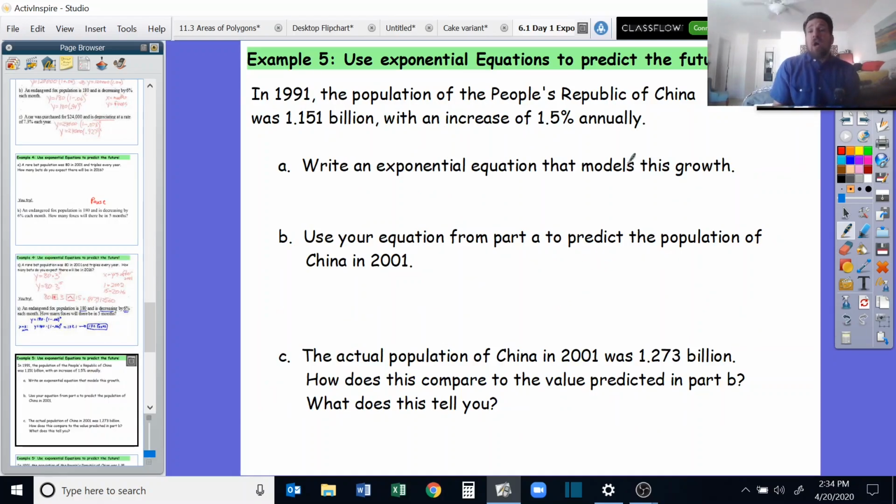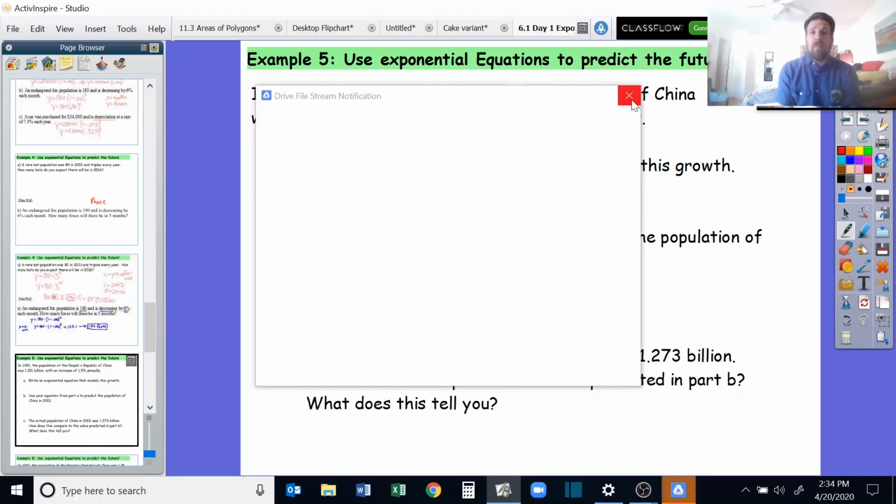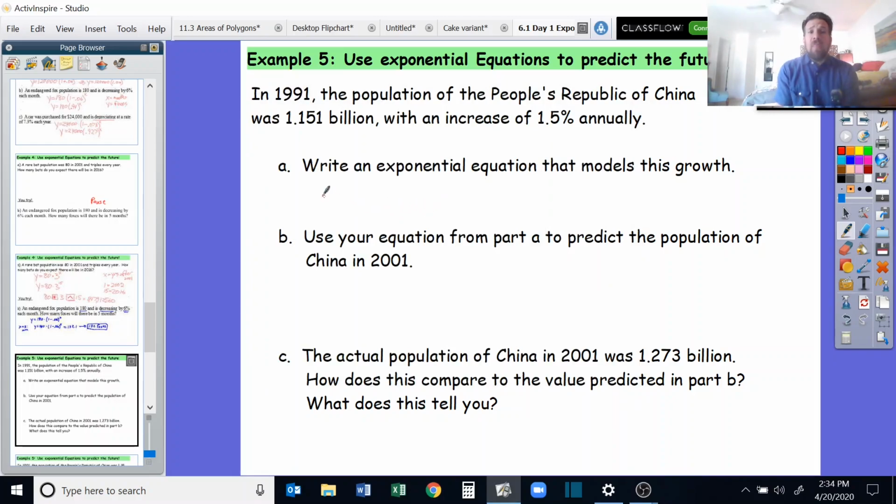Again, let's talk about these decimal percents. Here's a problem about the population of China. In 1991, it was 1.151 billion, and it's increasing at a rate of 1.5% annually. Here, I want the exponential equation that models that growth.